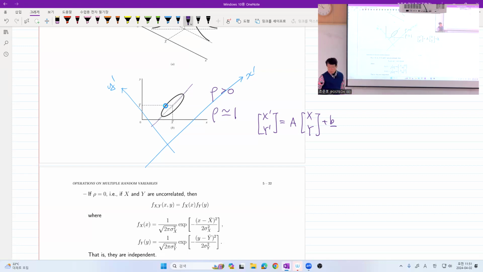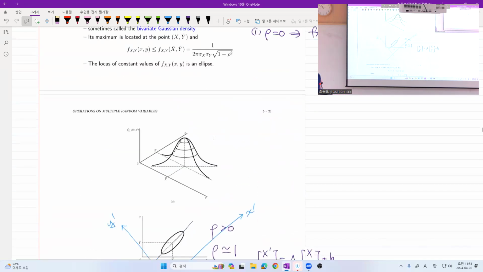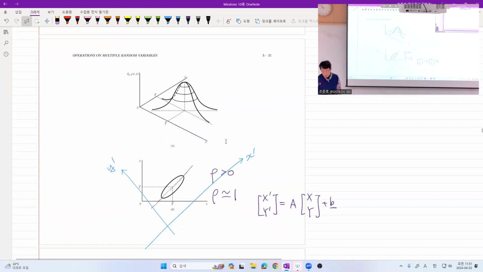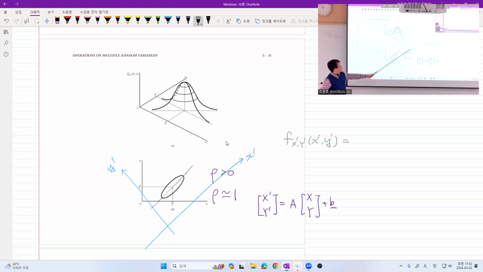And as you see from Jacobi's method, the new density function of the two random variables x prime, comma y prime is what?